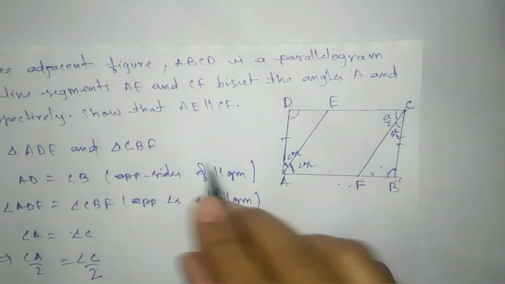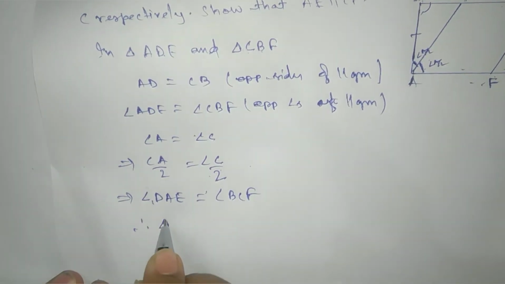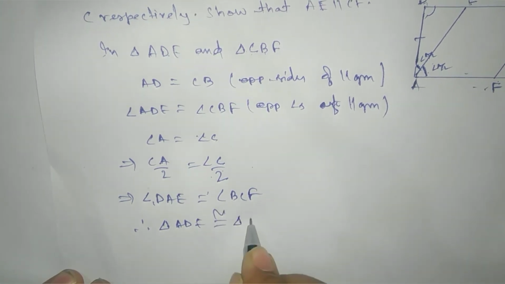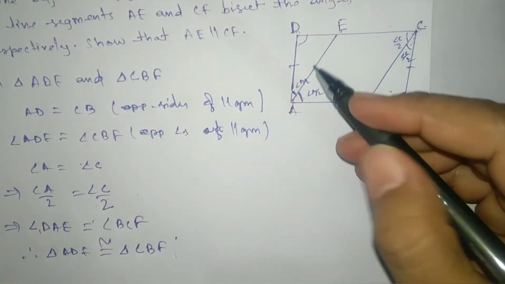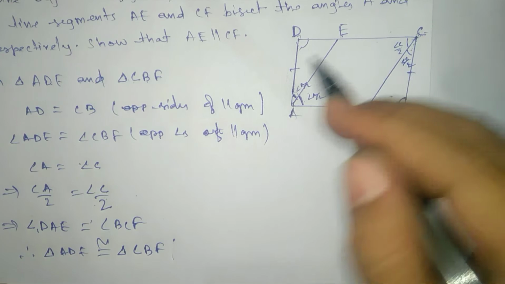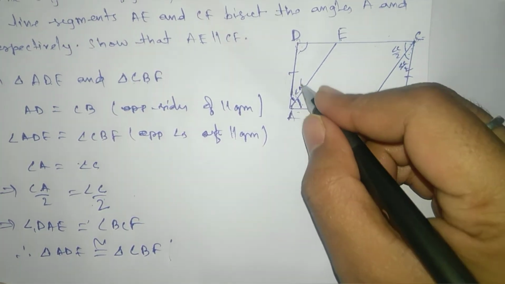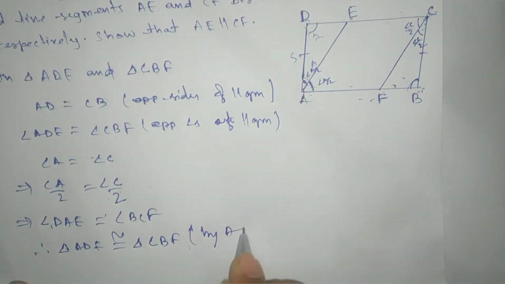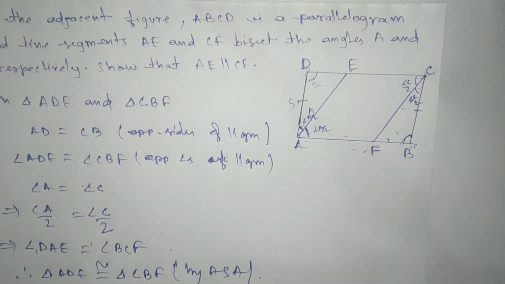So these two are equal. Therefore we can say that triangle ADE is congruent to triangle CBF. Reason: here you can see two angles and one side, and this side is included between the two angles, that means ASA. So by ASA criteria we have proved that these two triangles are congruent.